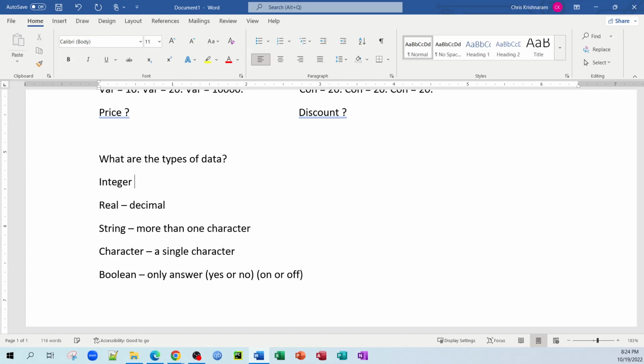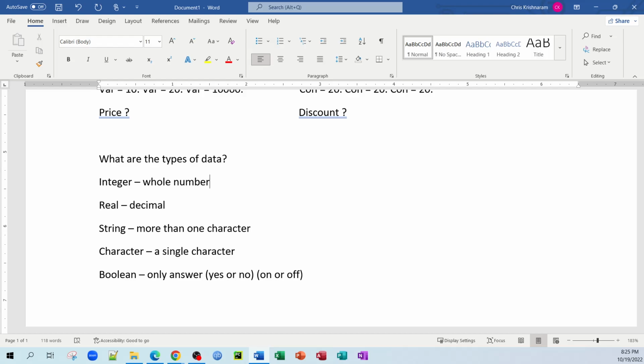Try again for integer. A positive or a negative number. So real can be positive or negative. Yeah, but a whole number. Very good.